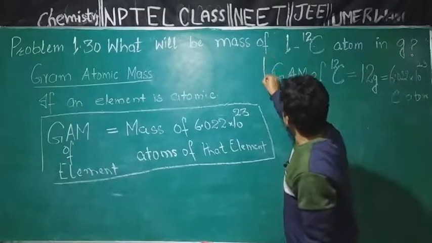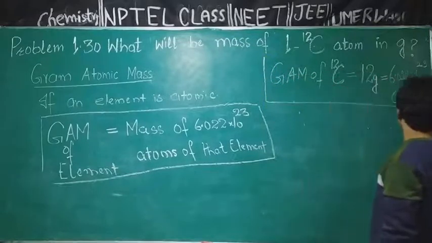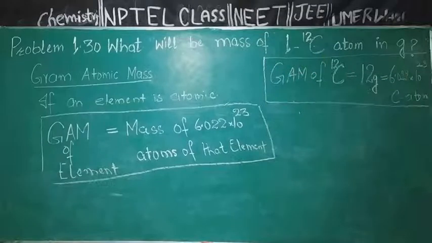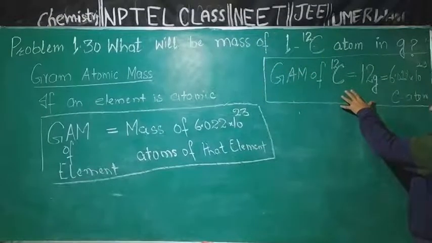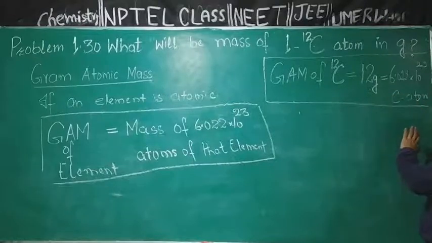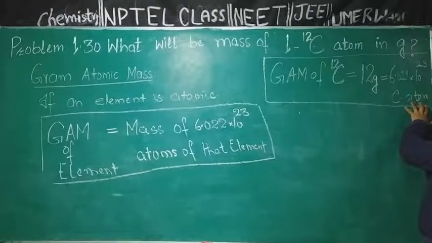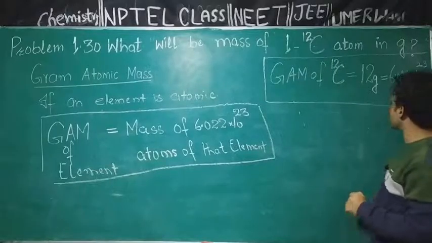This information is fixed for the element carbon. It will apply only for carbon, that its gram atomic mass is 12 grams and its 12 grams will contain 6.022 into 10 raised to power 23 carbon atoms.